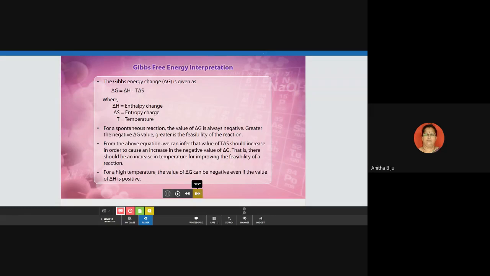So it is an endothermic process. This is contradictory. Sometimes dissolution is an exothermic process, sometimes an endothermic process where delta H is positive. Because of this contradiction, delta H is not considered the only criterion to decide whether the process is spontaneous or not.